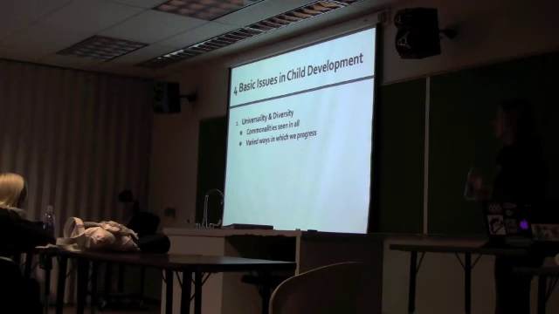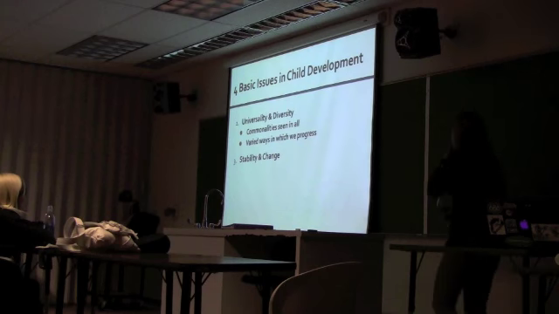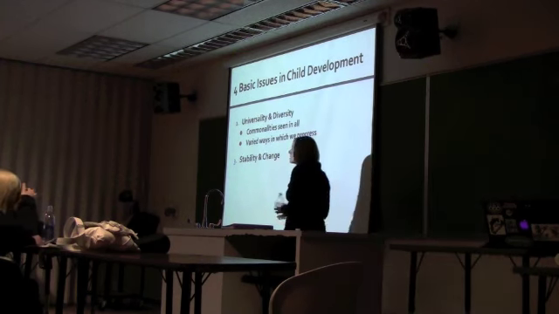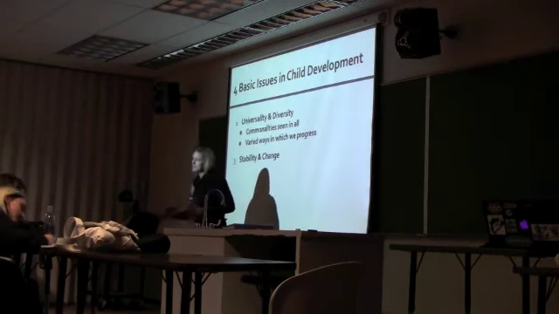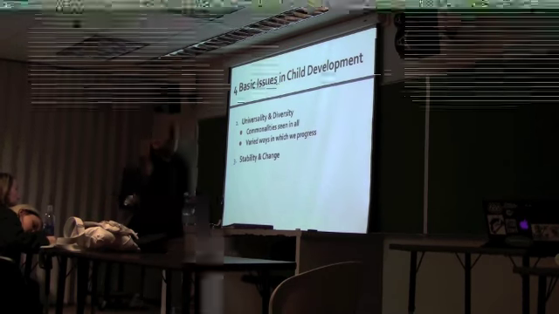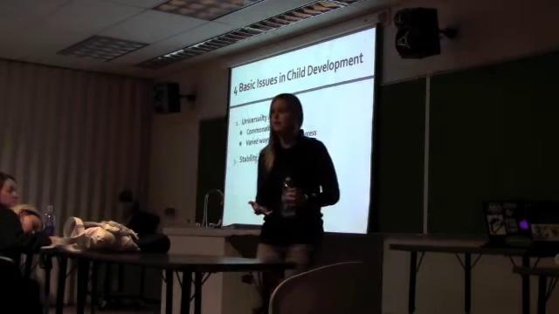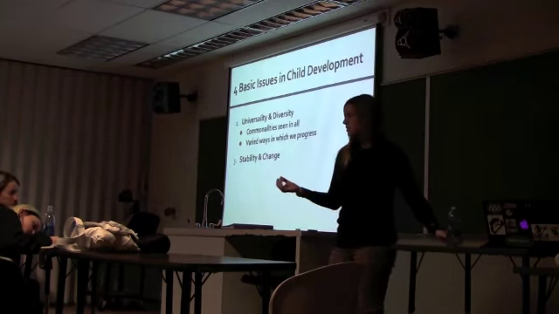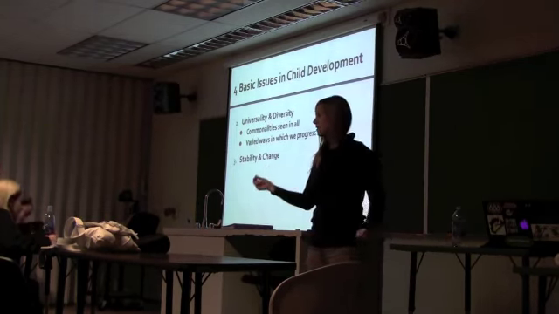Okay, so we have things that make us the same and things that make us different. Stability and change is the third issue. There's really not that much to talk about with this. The idea is that there are some things that stay with us, okay, that are unique to us. Our temperament, those personality traits are said to stay with us.